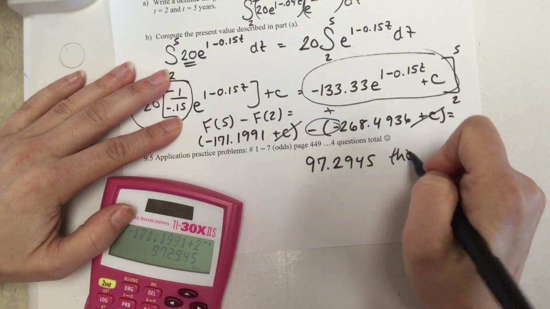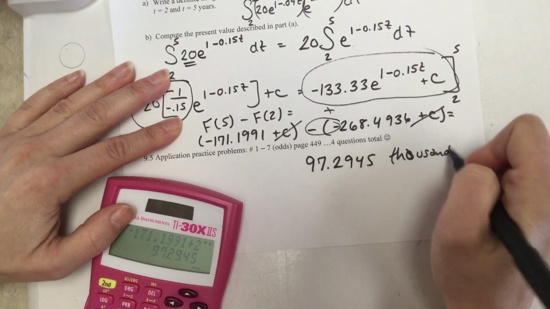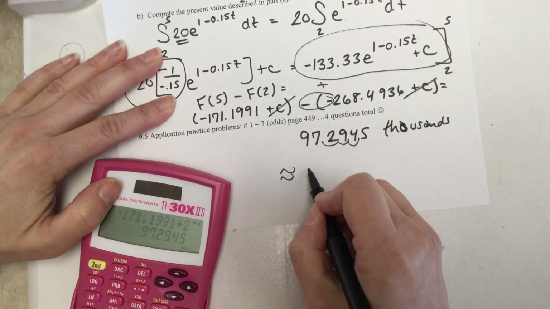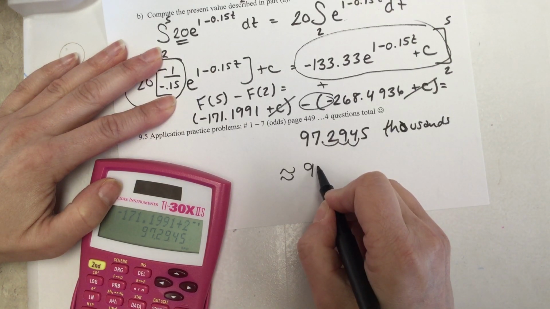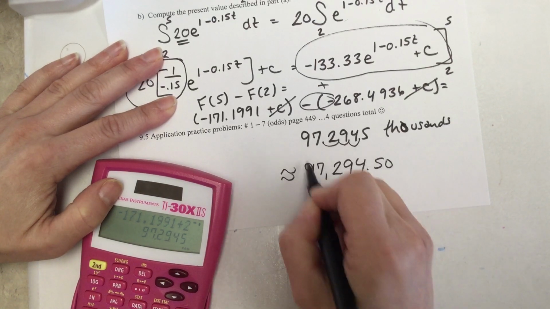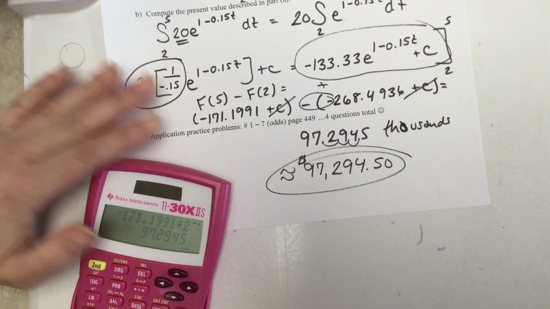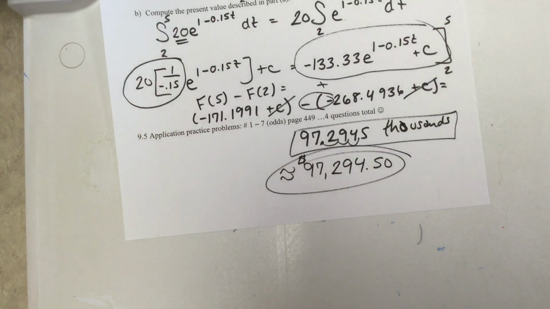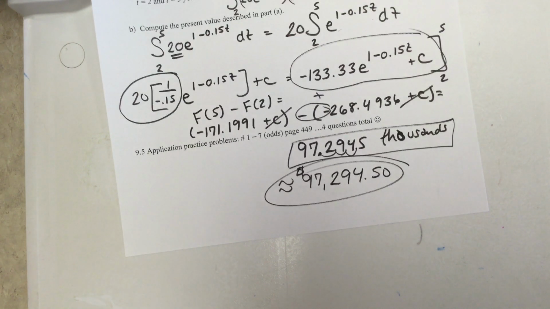So I could go thousands and call it good, or I could say approximately $97,294.50. Either way is fine, whether you want to move the decimal or keep it the way it is and label it in thousands.